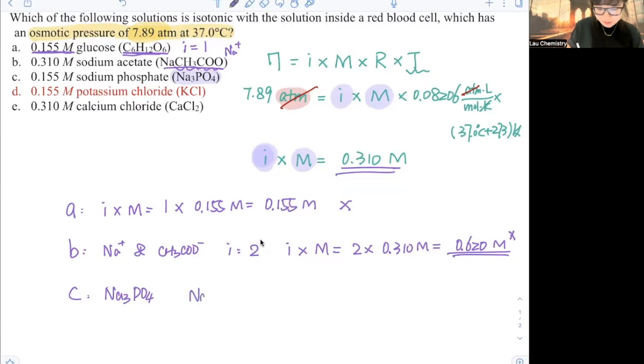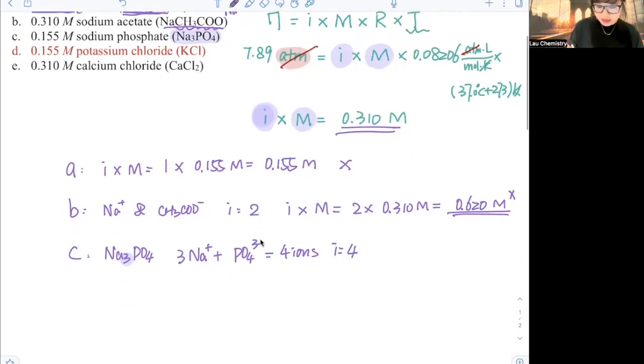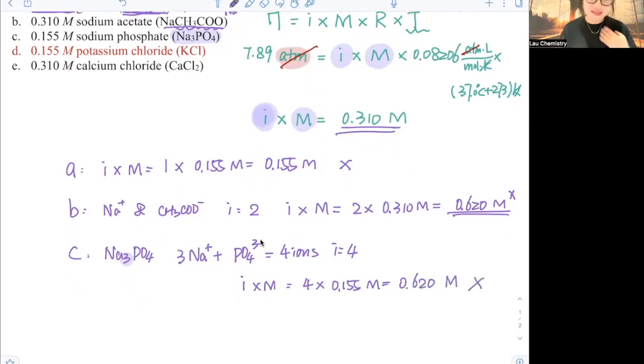You have sodium ion and phosphate ion. But how many of each? We look at the subscripts. We'll have 3 of the sodium ion plus 1 of the phosphate ion, so we have 4 ions. So the Van't Hoff factor will equal 4. So i times m equals 4 times 0.150. That's going to be 0.620 again. So again, that's not our choice.